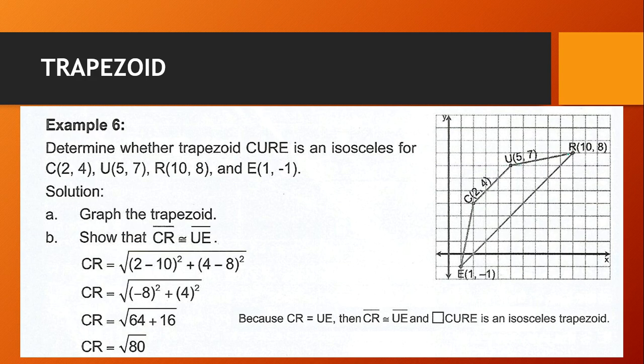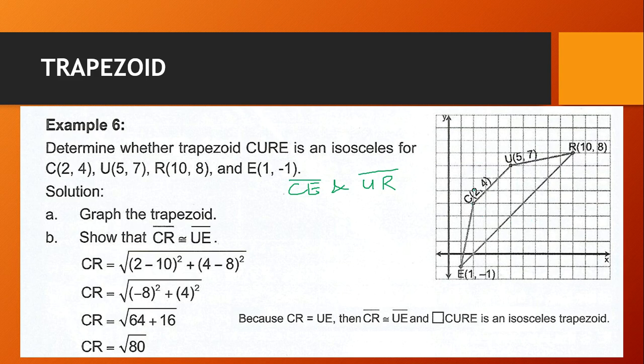So specifically, the sides of the trapezoid are CE and UR. Okay? So balik ta sa katong theorem sa isosceles trapezoid.